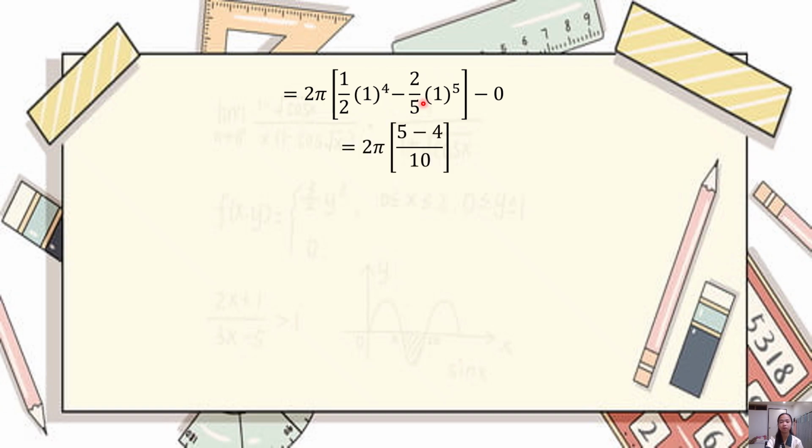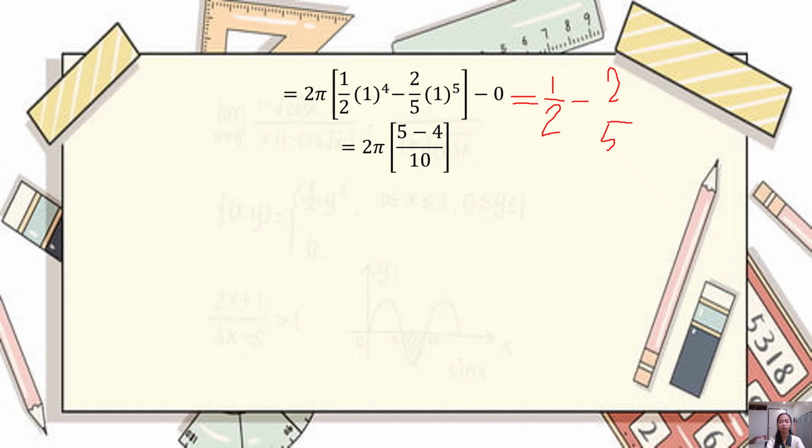So we have here 1/2 times 1 raised to 4, which is still 1/2, minus 2/5 times 1 raised to 5, which is still 2/5.